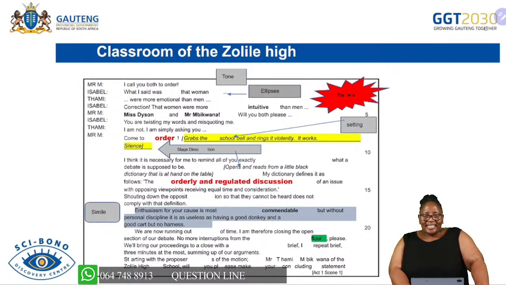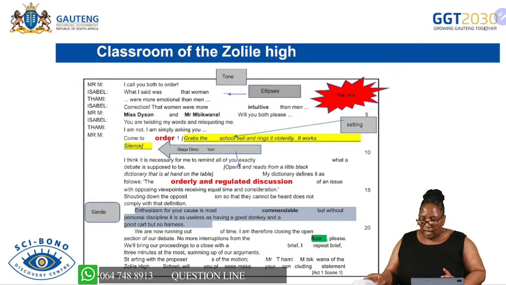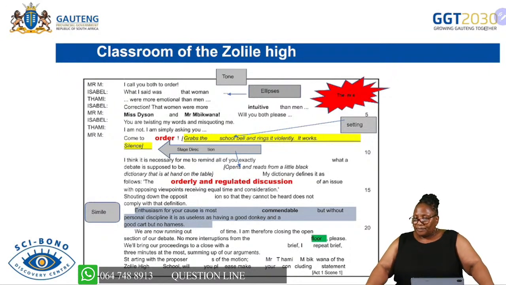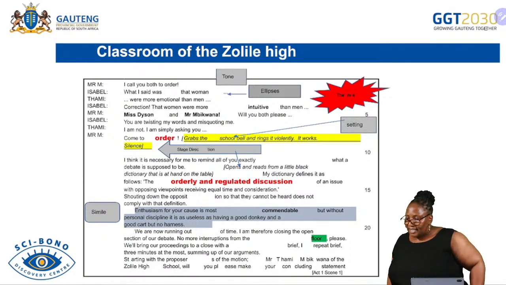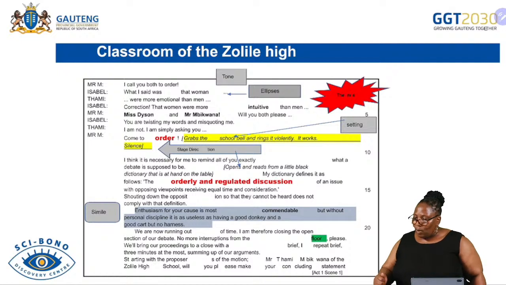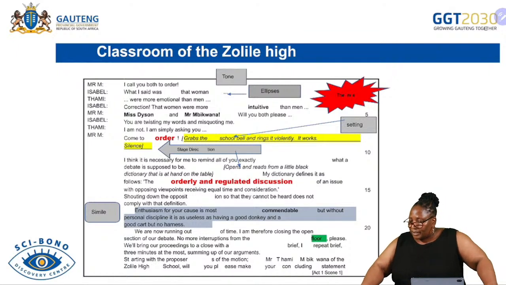We're going to read an extract, Act 1, Scene 1, found in our books. I hope you all have your books with you. Order, please. That's Mr. M. I never said anything of the kind. Yes, you did. You said that women were more. Yes, you did. I call you both to order.